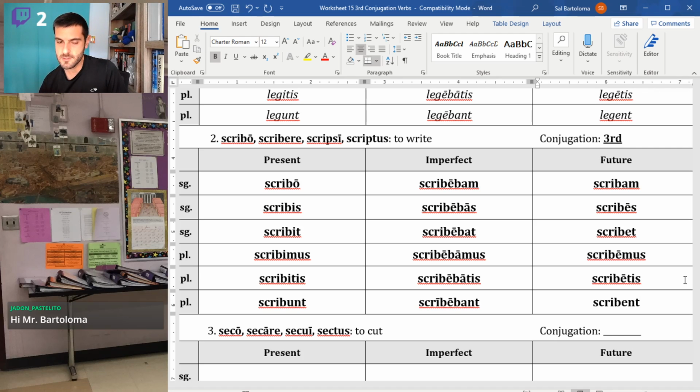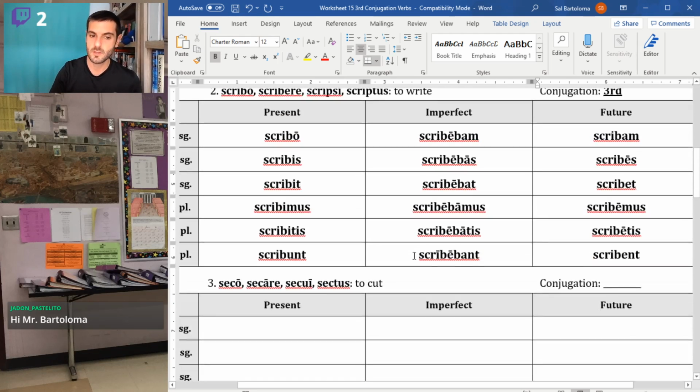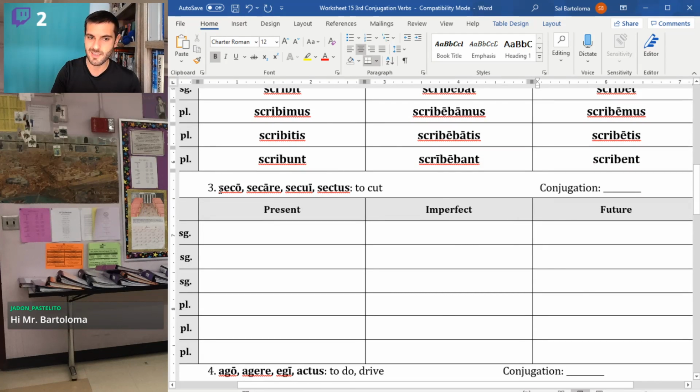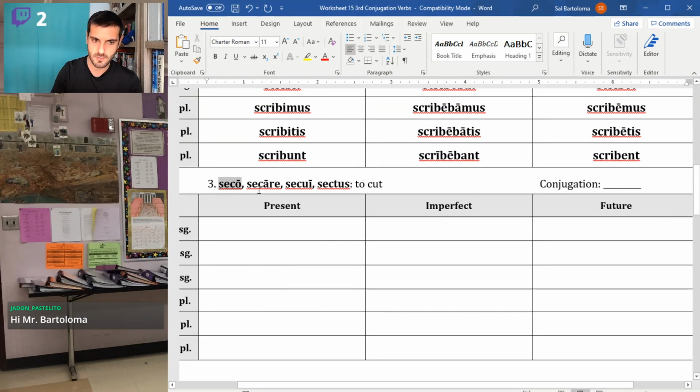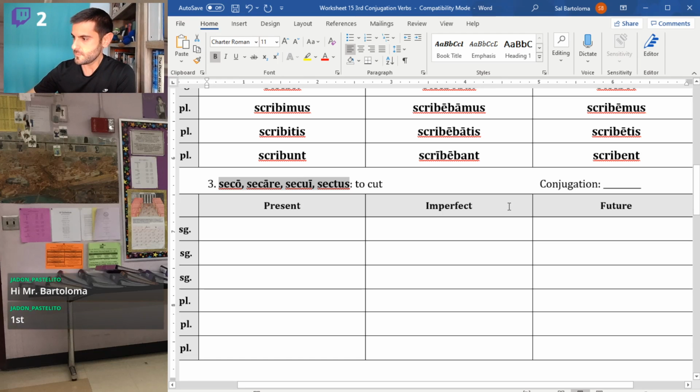As I said in class today, just because we're learning new stuff doesn't mean all the old stuff goes out the window. So what conjugation is seco, secare? What conjugation is this verb, seco, secare? Maybe some tea will help.